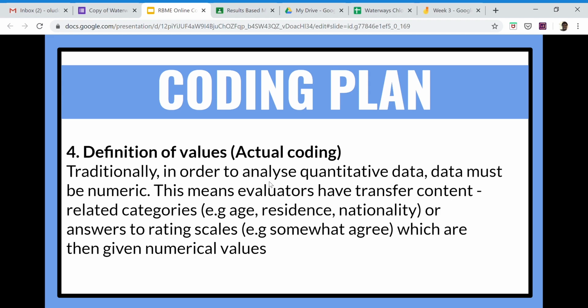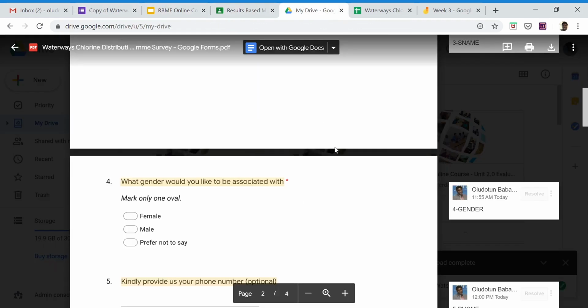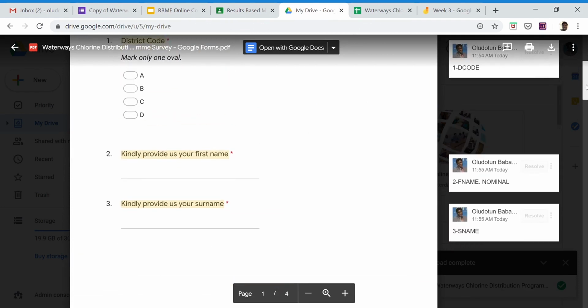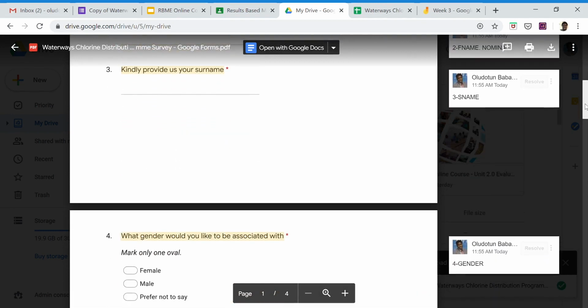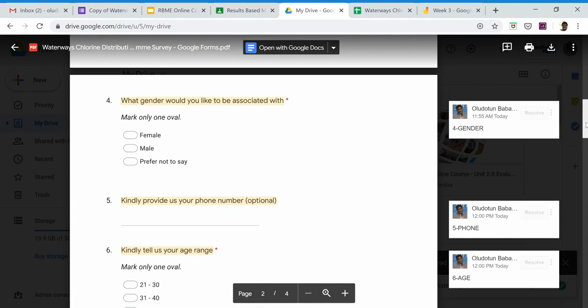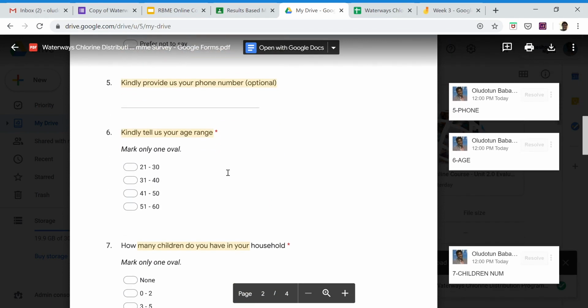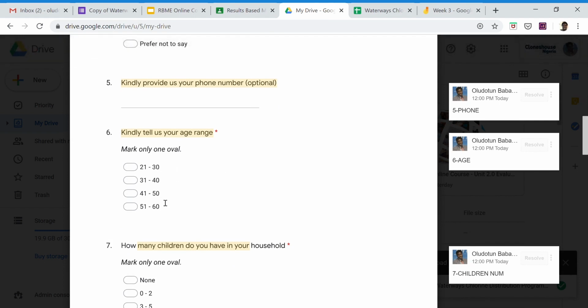So after you've done that, then you want to think about the actual coding that we all know about. Which means we are coding things that are not in numbers, because the software will only see things in numbers. For example, this 21 to 30 is not quantitative, it's not a text format.